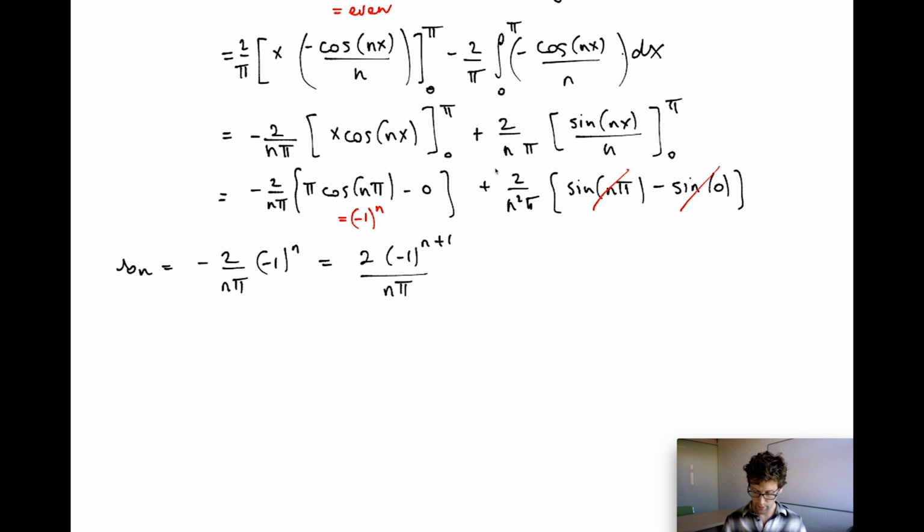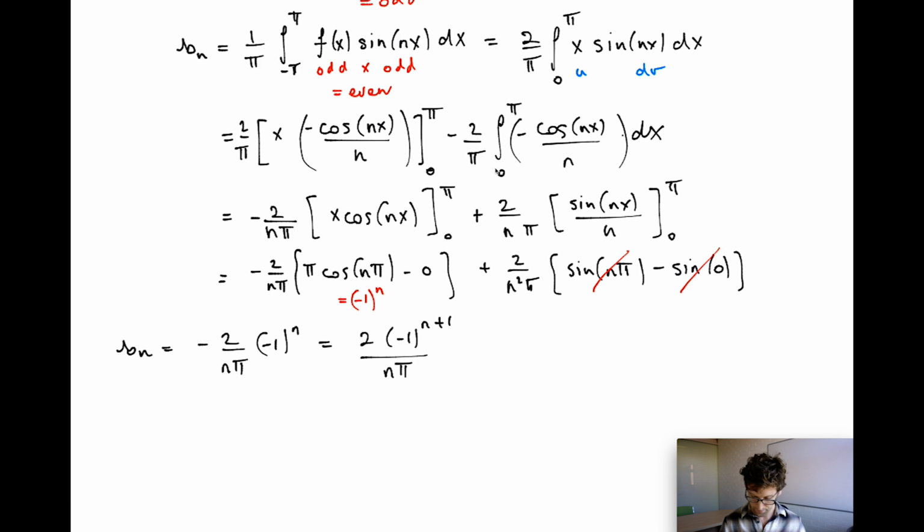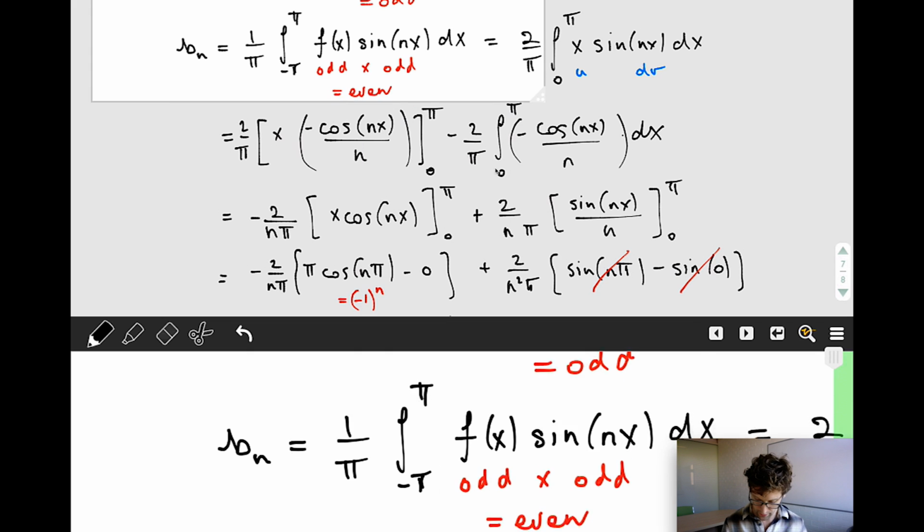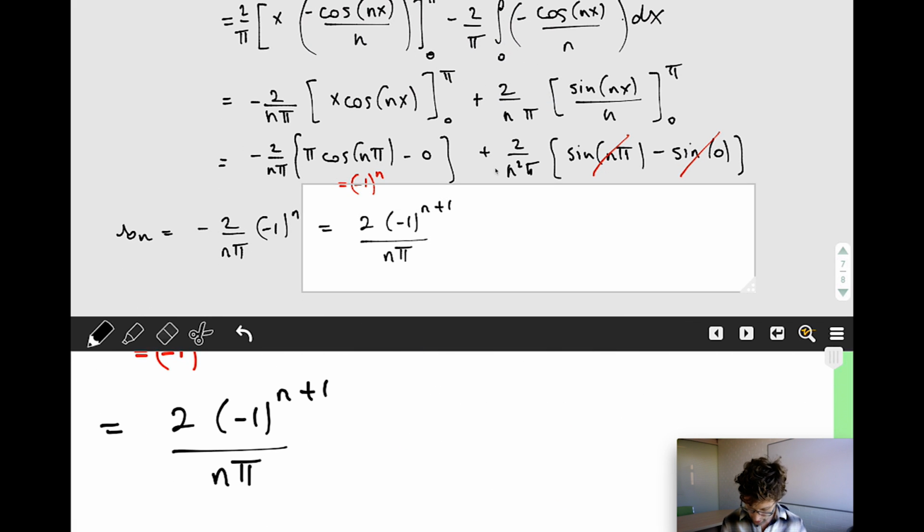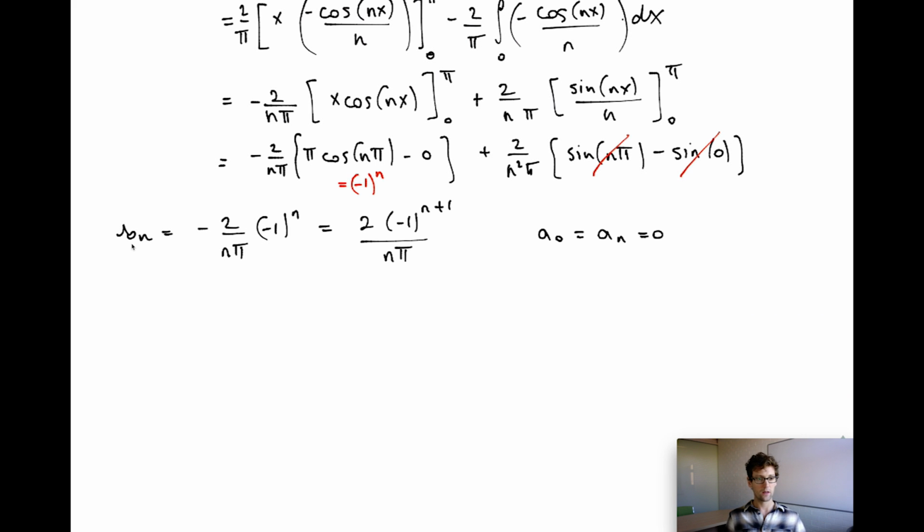So we see here that we ended up with a function that had a Fourier series with a0 and an equal to 0, and it had non-zero values of bn. So that's going to be a really useful thing to remember whenever we're dealing with the Fourier series of an odd function. It's going to have only sines in it.